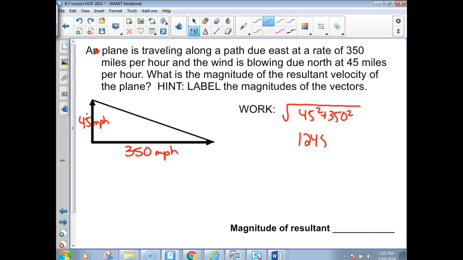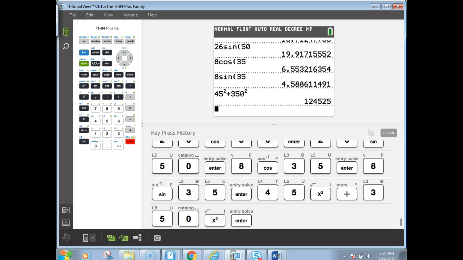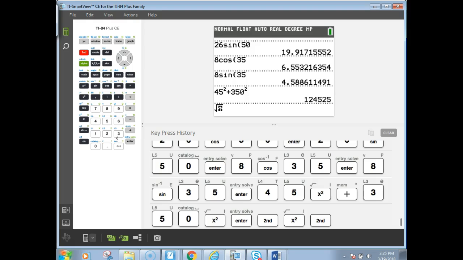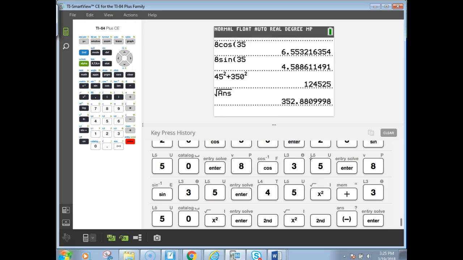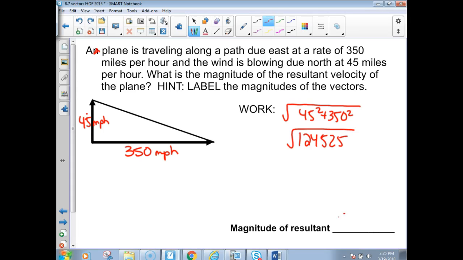Is that right? Okay, and I have to take the square root of that. You should be getting 352.9. And that's going to be in miles per hour.